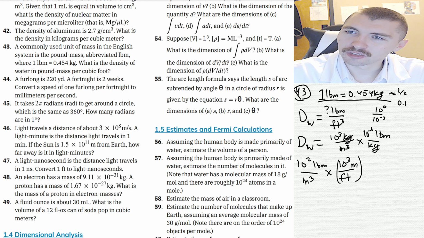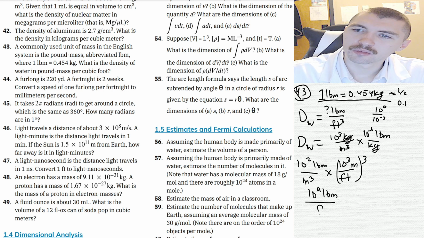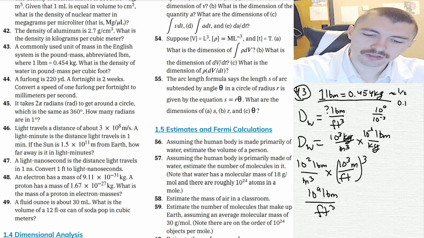We have to cube this. So that's 9. So that should be 10 to the 9 pound mass per foot cubed.